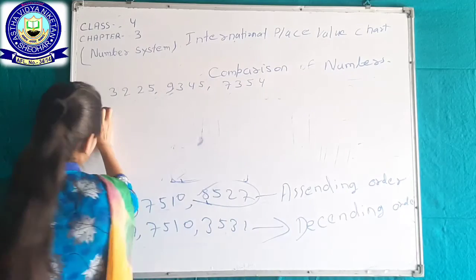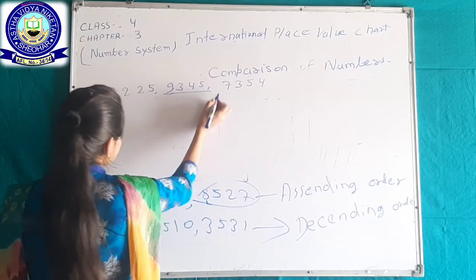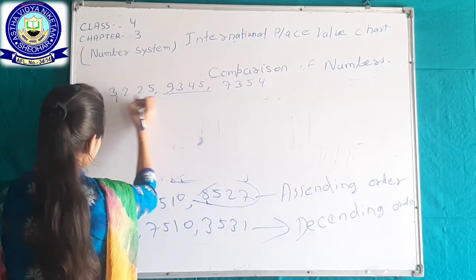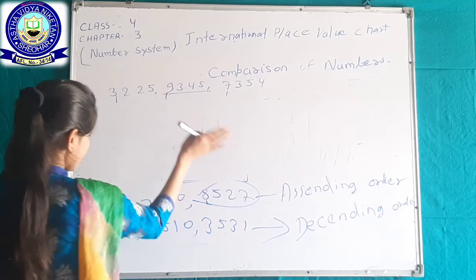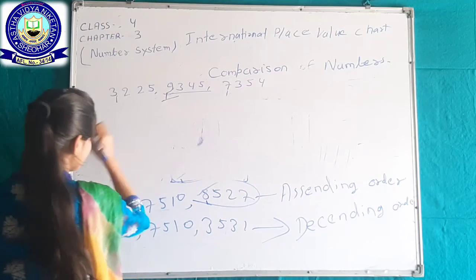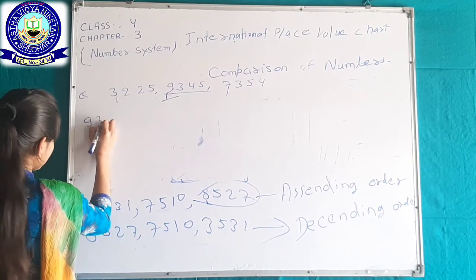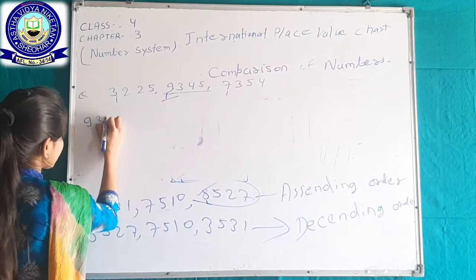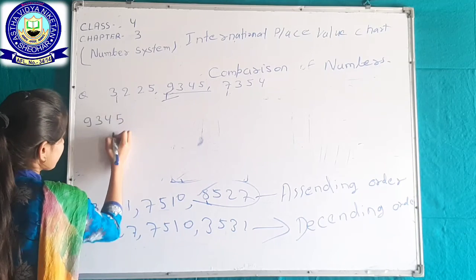In ascending order, you have to write the smallest number of the given series. Here is 3, here is 9, and here is 7. Which one is the largest digit? 9 is the largest digit of this series. 9345.